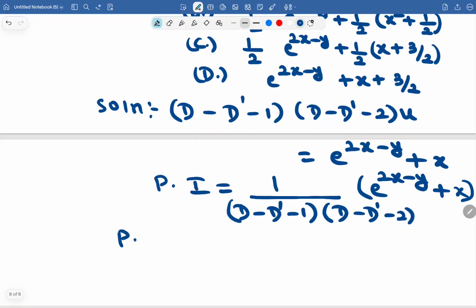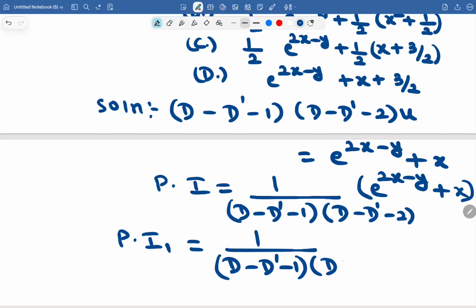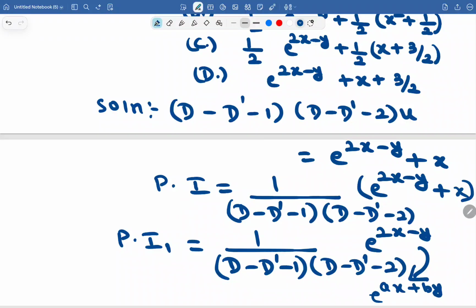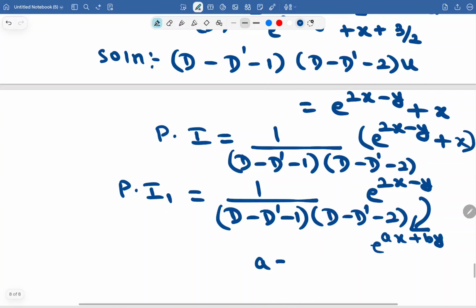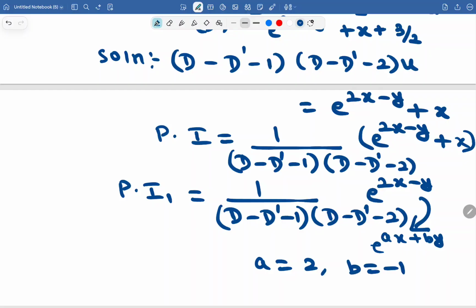Here, what is PI1? 1/((D − D' − 1)(D − D' − 2)) e^(2x−y), which is of the form e^(ax+by). A is 2, b is minus 1.